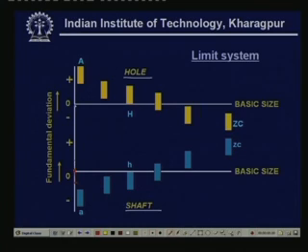Similarly, from the basic size, the hole can be larger or the hole can be smaller. Now, while considering the limit system, these are referred to as tolerance zones. These limit systems are denoted by the letters A to ZC, having all 25 divisions, where H is a special case we will come across.